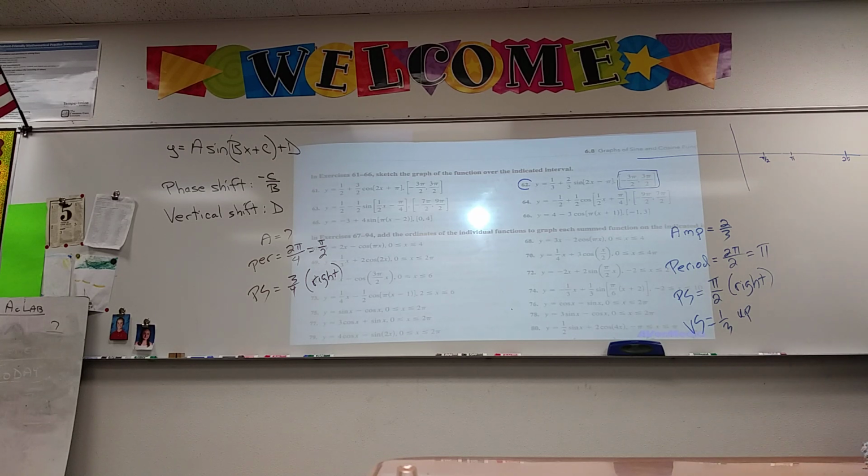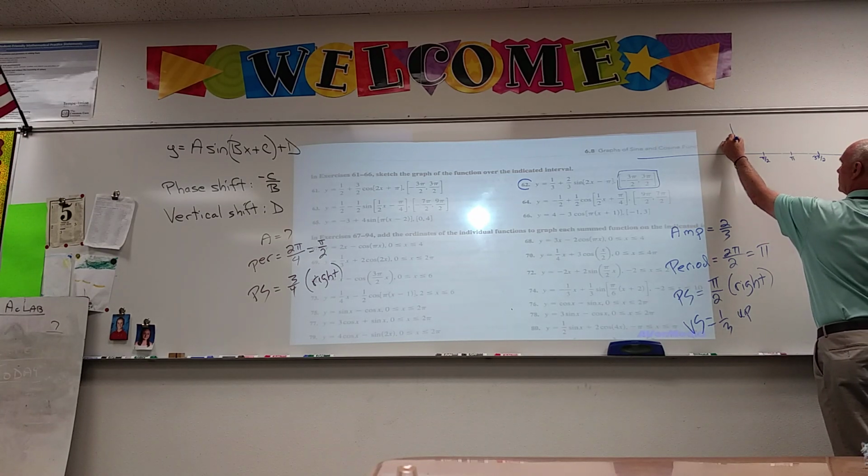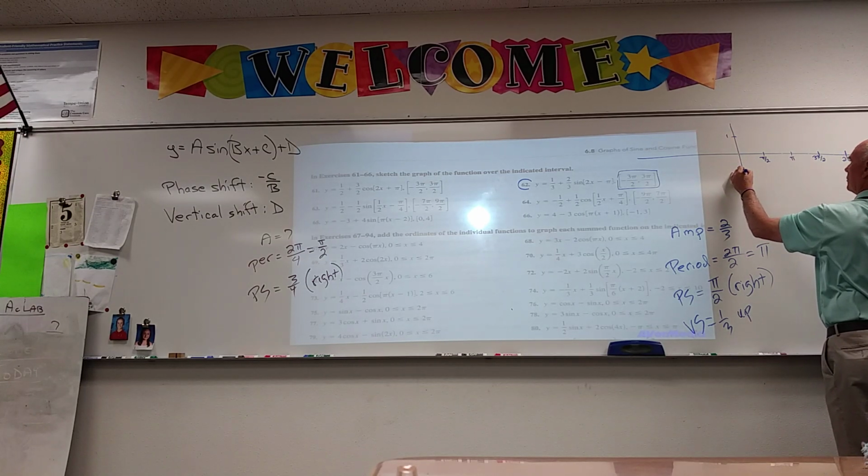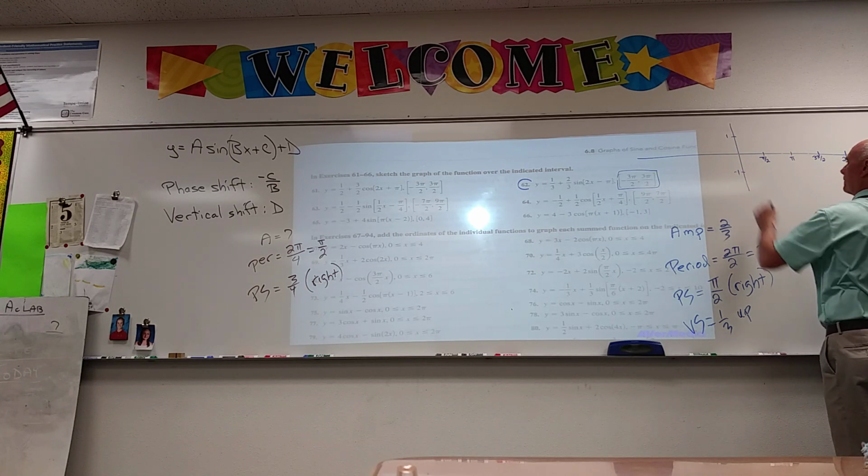And then remember what we talked about before break. That's pi over 2. That's 2 pi over 2, which would make this 3 pi over 2, which would make this 4 pi over 2, which is just 2 pi. In a normal everyday sine graph, how high will we go? 1. How low will we go? -1.